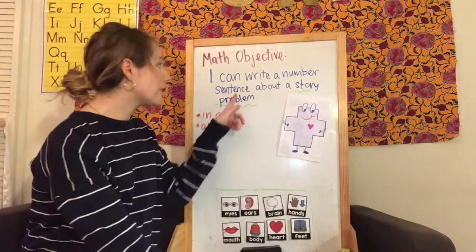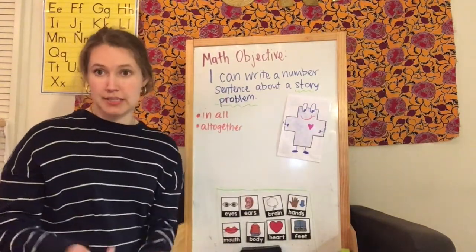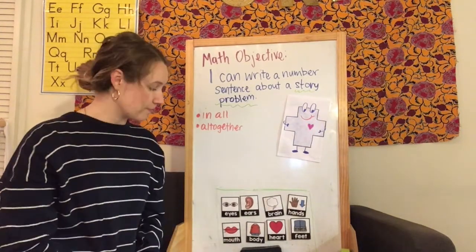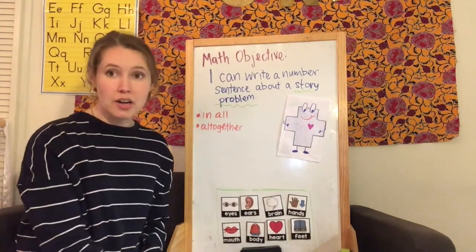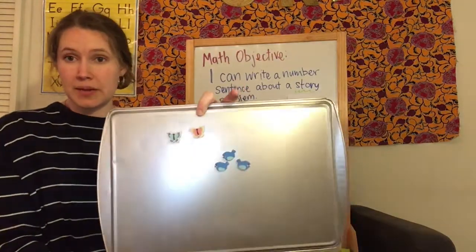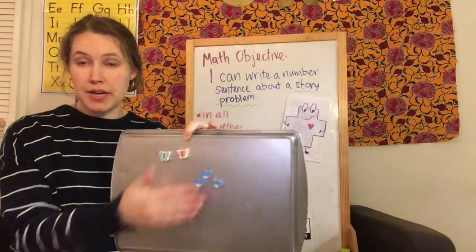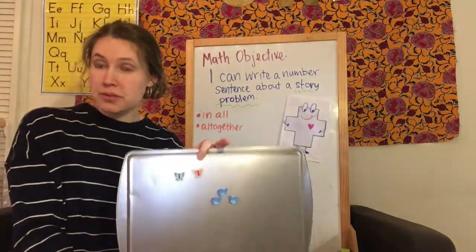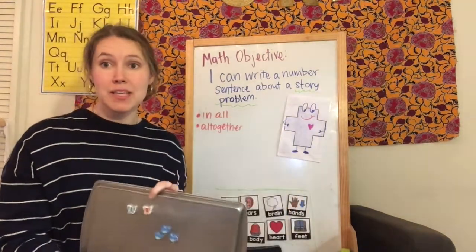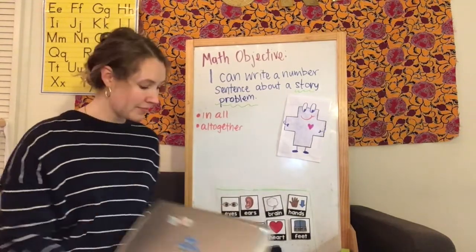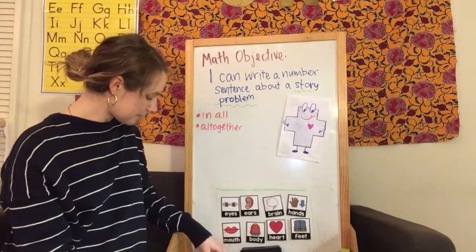Now remember, our objective is to write a number sentence about this. So what am I going to need to do? Let's start with seeing the different numbers that we have. We heard about two butterflies and three birds. Those are the two numbers that we're going to need to add up to figure how many animals were flying all together. So we're going to start with that.